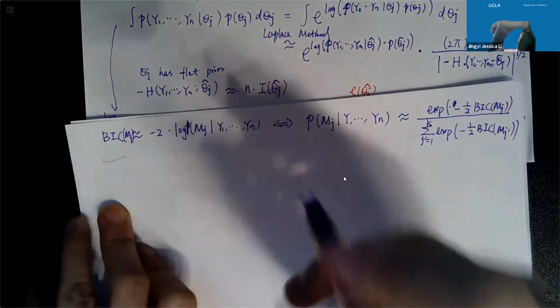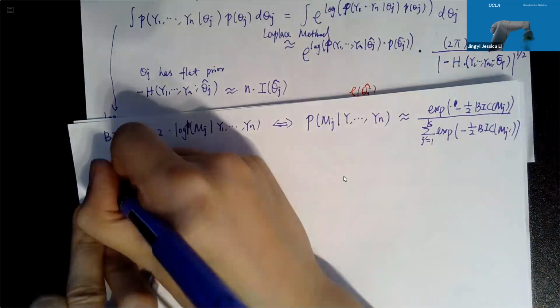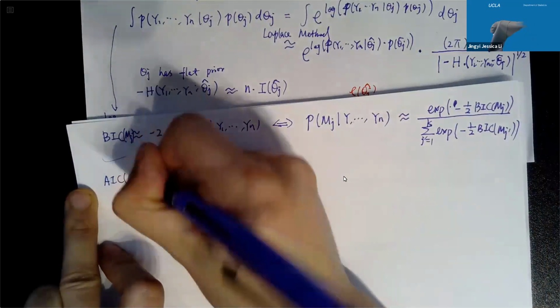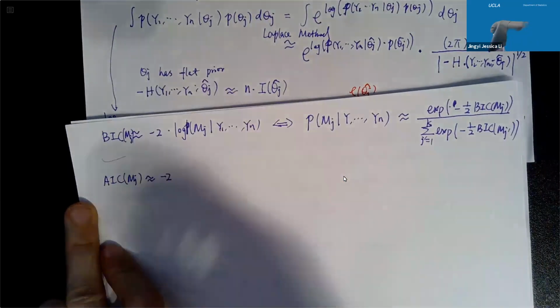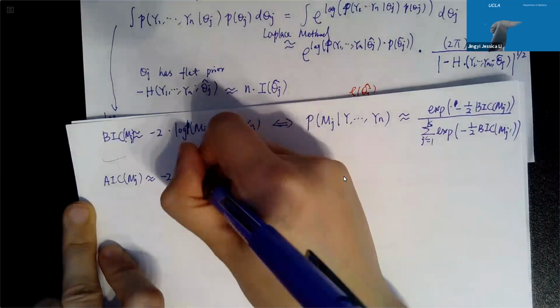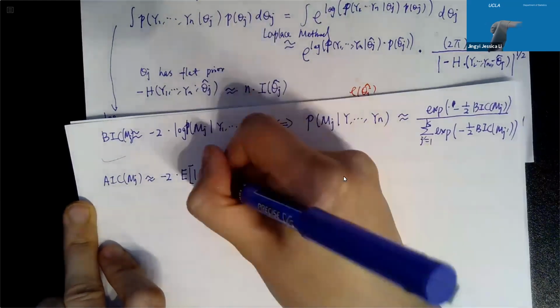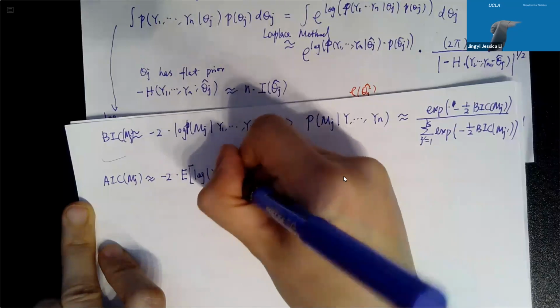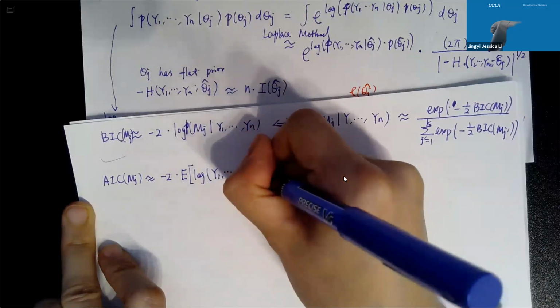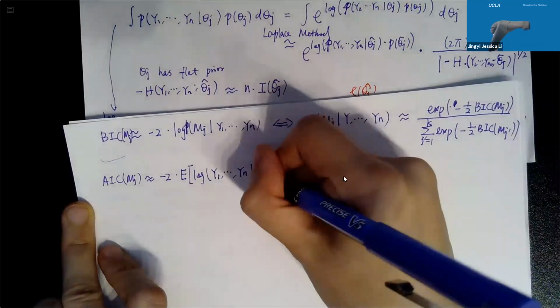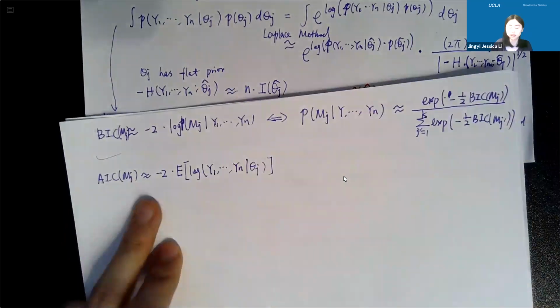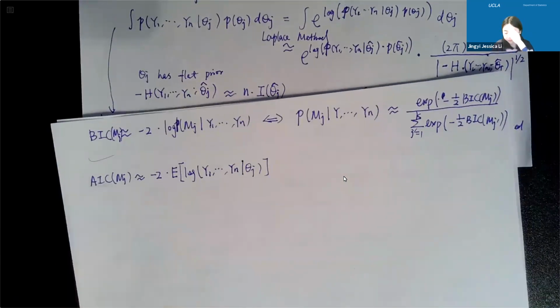while AIC is not. Remember that AIC(M_j) is trying to approximate -2 times the expectation of the log of the density of Y_1 to Y_n, given the true parameter theta_j. This is the thing AIC aims to approximate, and it's only about the density part. It doesn't have anything to do with the posterior.